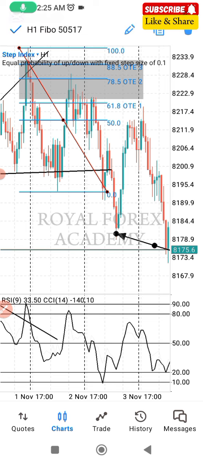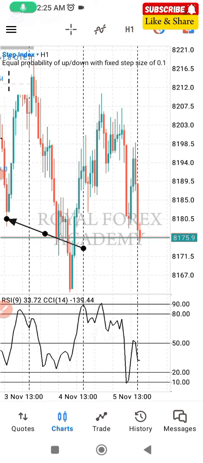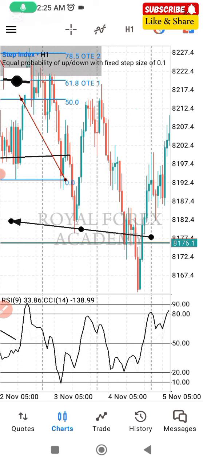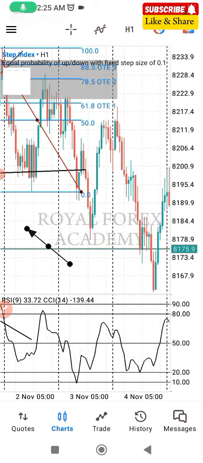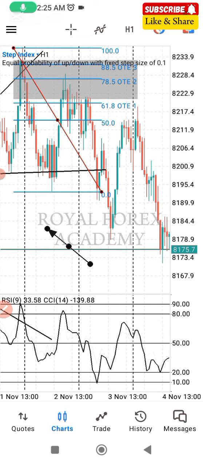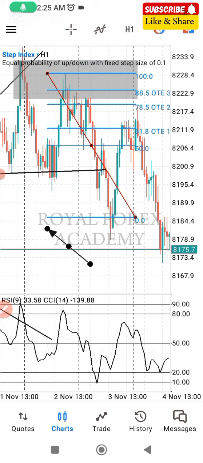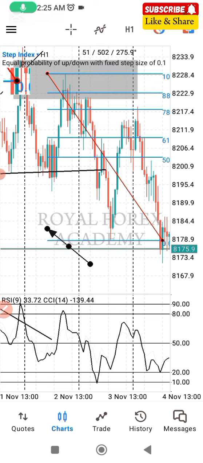So now we have established a break of structure. Then you can now continue with the previous way we explained earlier of trading divergence continuation pattern. So now the price is now going a structural way. All you need to do is you now mark the next one and wait for price to do its things.